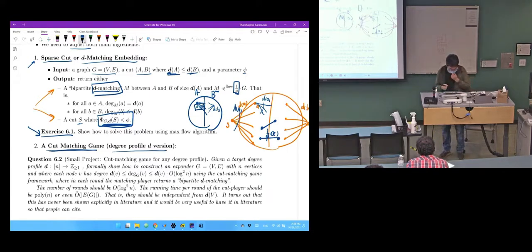And again, in our discussion session last time, I mentioned that if in each round the matching player, instead of giving the matching only, gives a D matching, then at the end what you get is something like an expander with degree profile close to D, within a log square factor maybe.